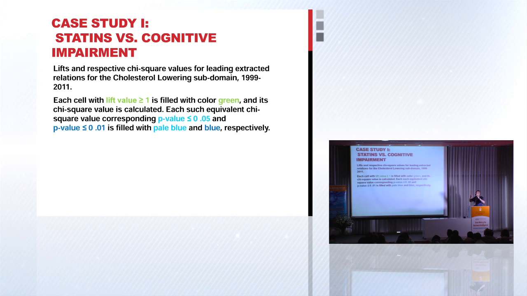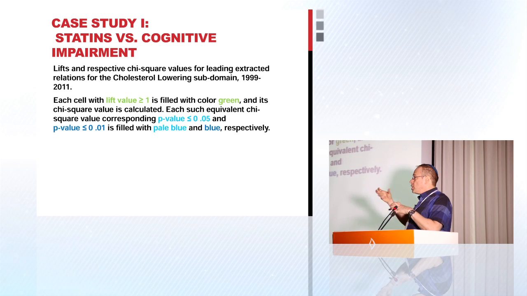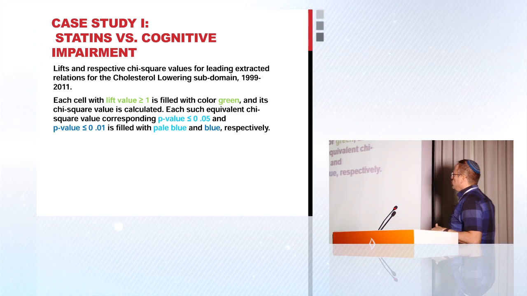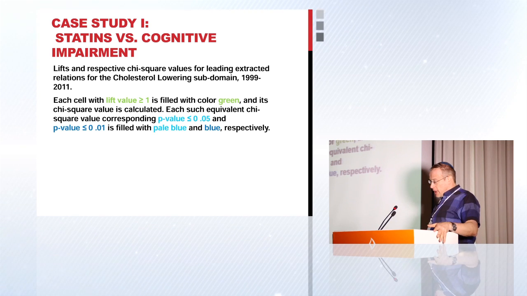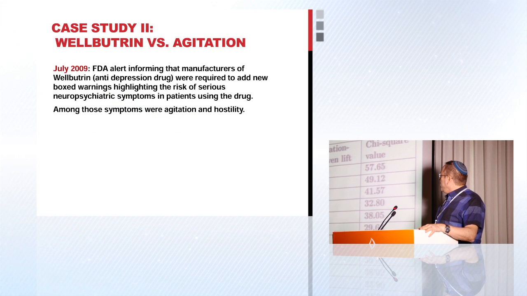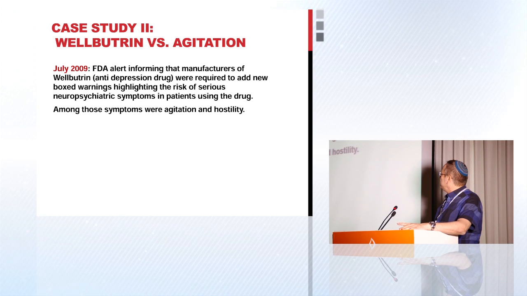We used mainly the lift value that shows the association between the drug and the ADR. And then we made sure that the chi-square of the lift is validated statistically. Again, due to lack of time, I won't go to all the details.